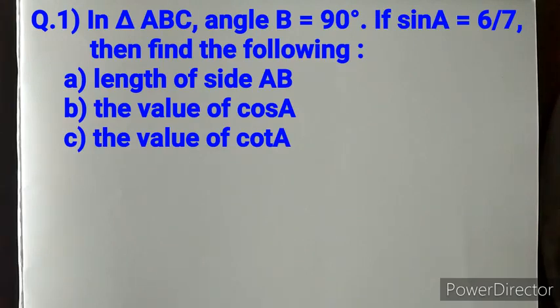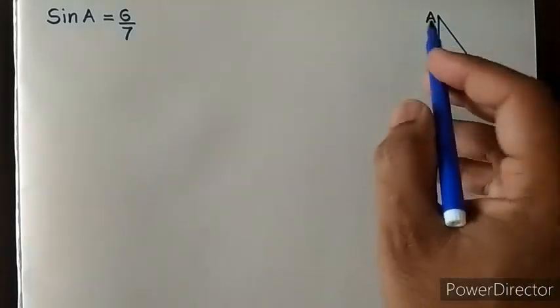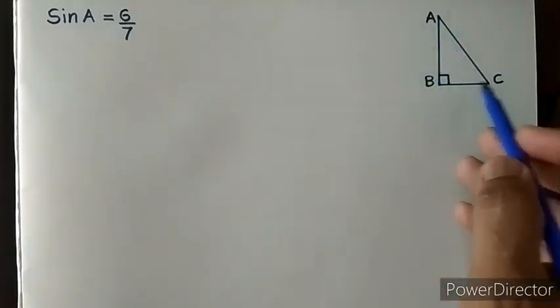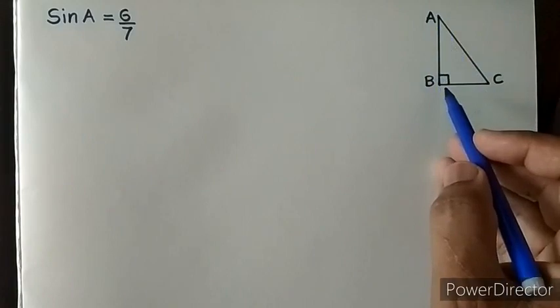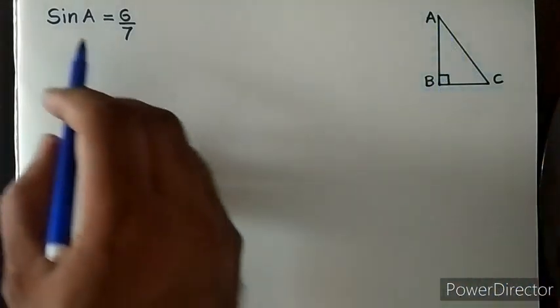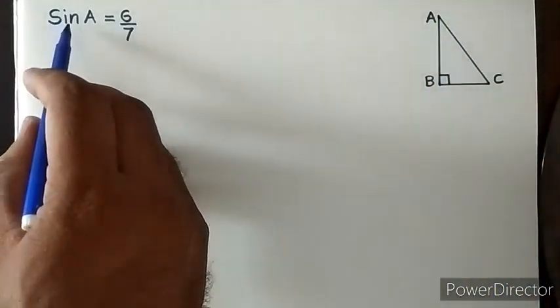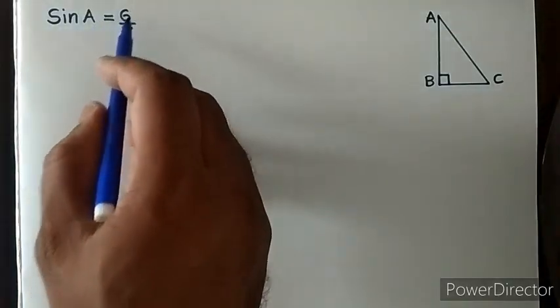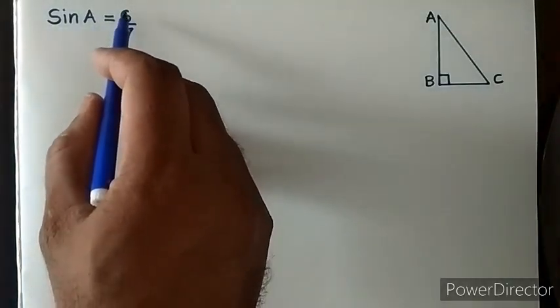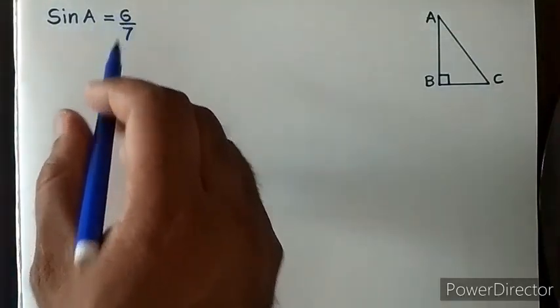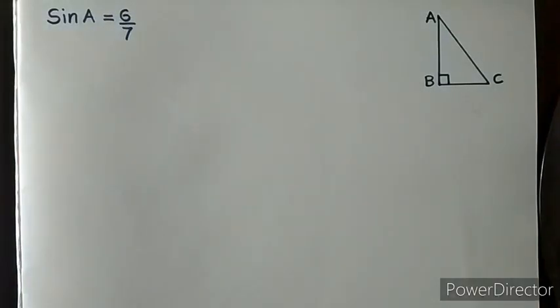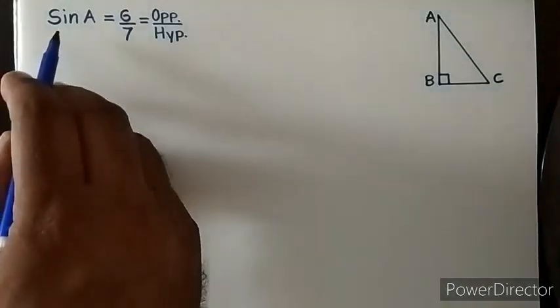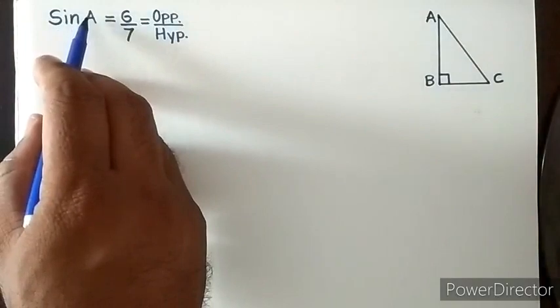So we need to draw a freehand figure of triangle ABC, which is right angled at B. So this is our triangle ABC, in which angle B equals 90 degrees. And in the question they have given that sine A equals 6 upon 7. Now we know that sine is opposite upon hypotenuse, and they have given sine A, not sine theta.